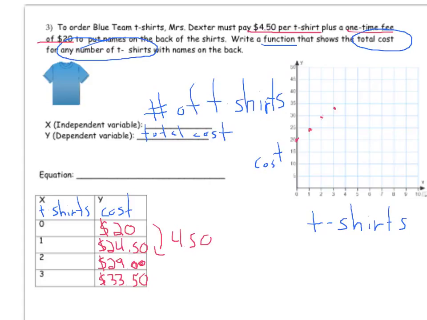So to write the equation, we're calculating the cost, y. Well, let's go back. Is there a starting amount? Yes, you have a starting amount of $20. And then what do you add to that $20 every time? $4.50 for every shirt. So that's $4.50x.